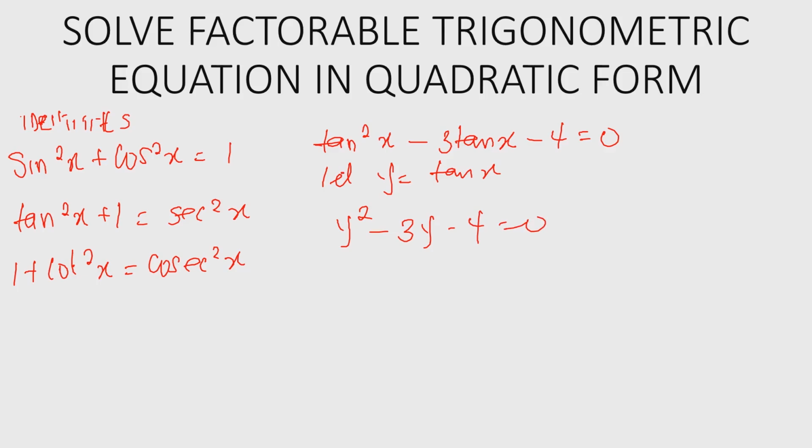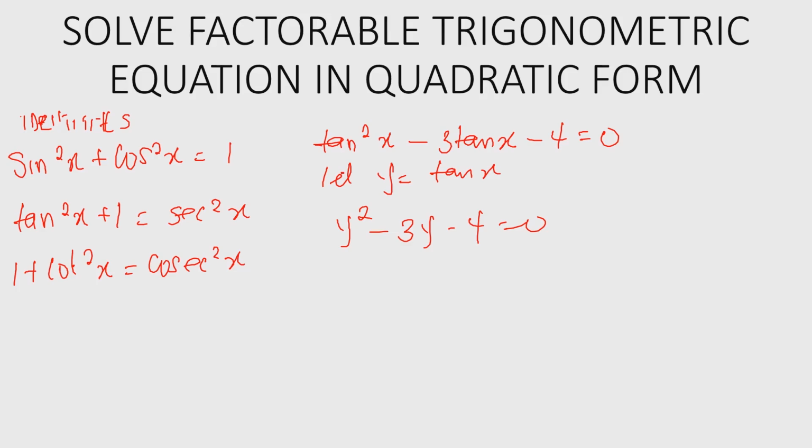At this point, you can use any method of solving a quadratic. You can use factorization, the quadratic formula, a graph, or completing the square. Whichever one you want to use, but I'm going to factorize this equation.